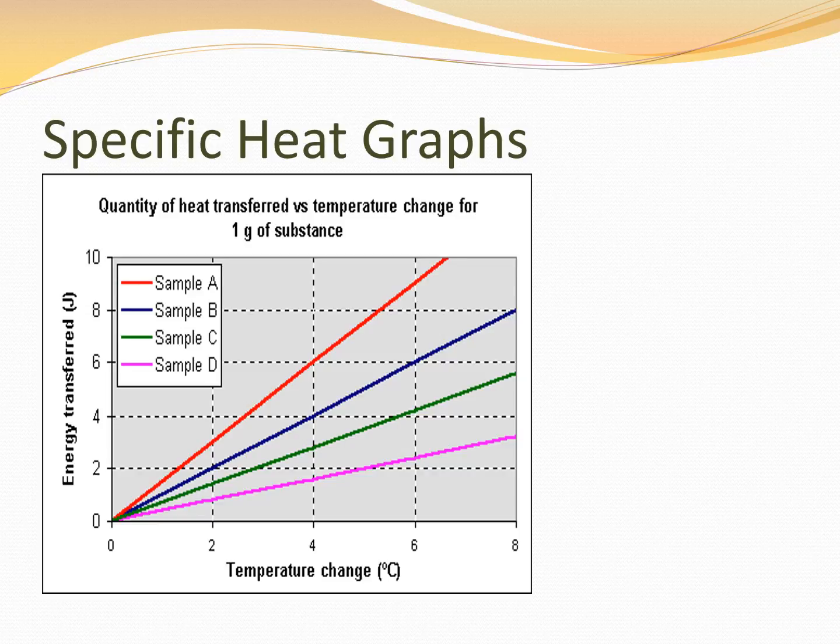So instead of doing calculations, we're going to analyze graphs, which makes it better, no math involved. So for example, let's say you have your graph on your notes, and we have temperature change on the x-axis, energy transfer on the y-axis. Well, if you see temperature change, we see that the red one, you put a line through it, changes the fastest. So let's say we have A. So temp change was quick.